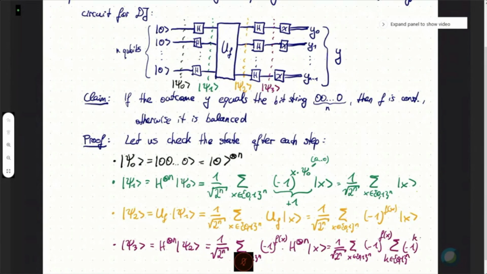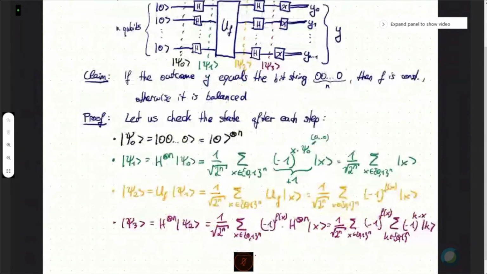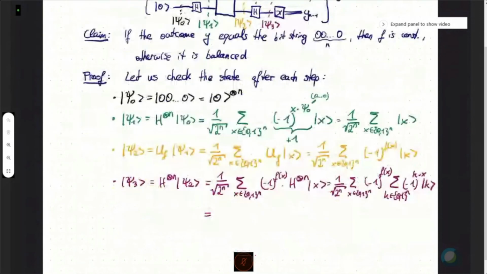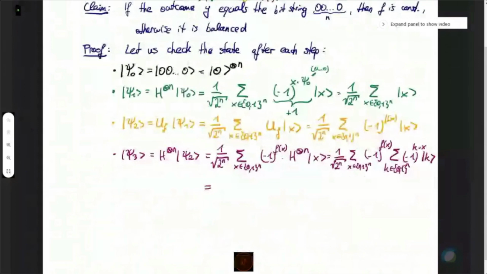Now we have to take k times x, and then our states are k and not x anymore. And now we can actually change the order of the sums. So we get the sum over the k's to the front.